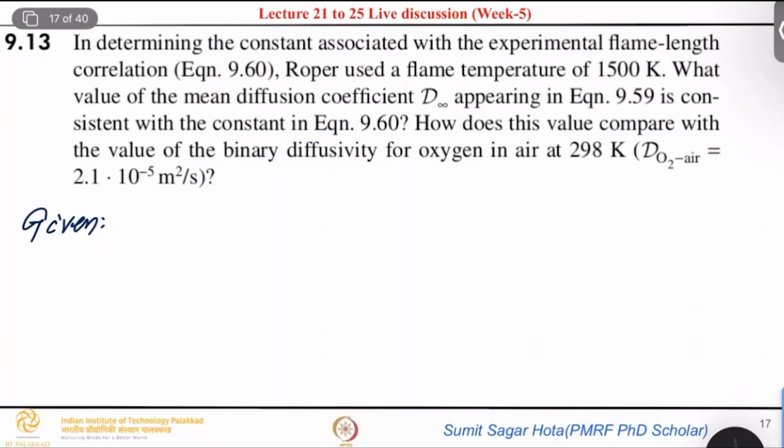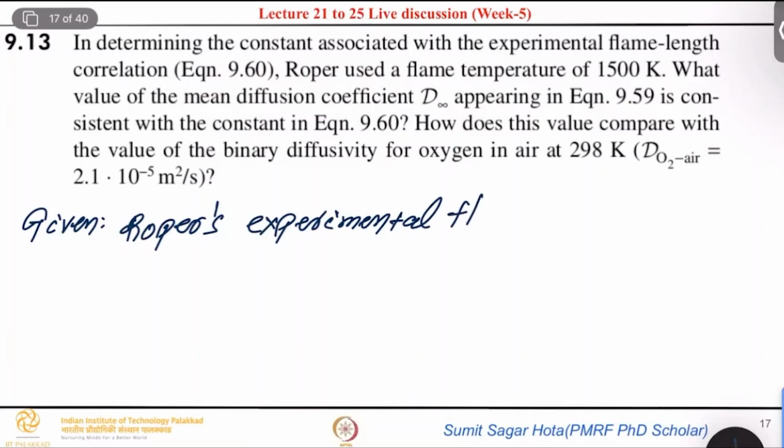Given is Roper's experimental flame length correlation with a flame temperature of 1500 Kelvin.